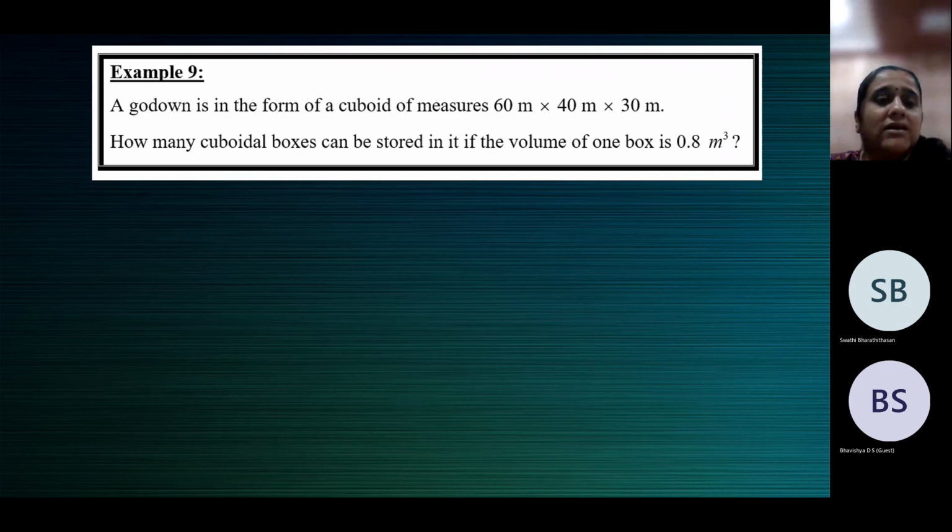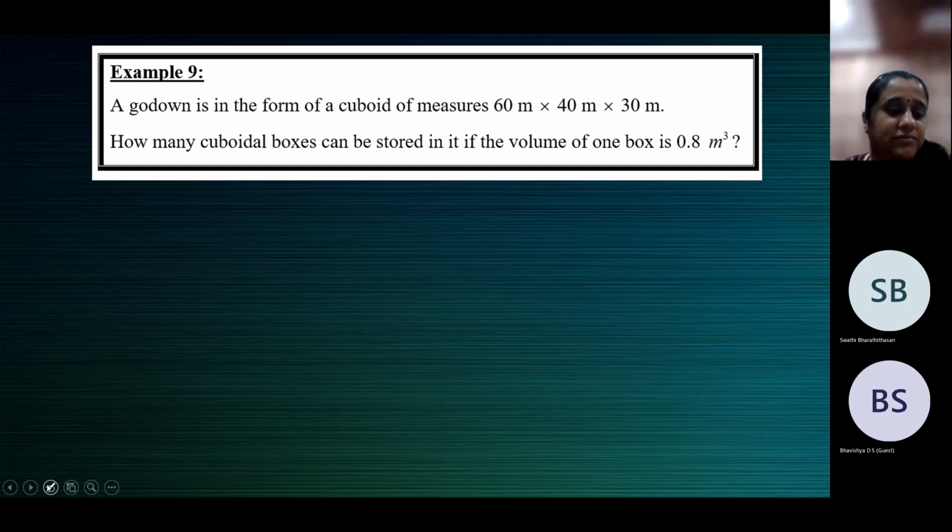Okay. Next one. A godown is in the form of a cuboid of measures 60 meters by 40 meters by 30 meters. So it's a cuboidal godown. Length, breadth, height, all given to you. How many cuboidal boxes can be stored in it if the volume of one box is 0.8 meter cubed?